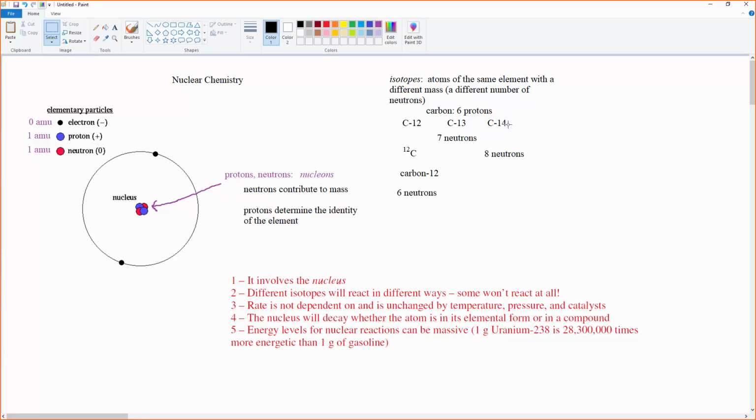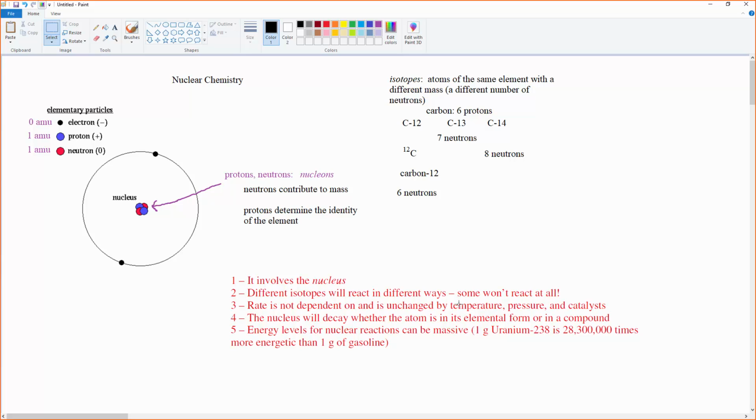And then they can image your brain to see what's going on inside of your brain based on the radioactive thing that they just put in there, right? But the carbon-12 wouldn't do that. All right. The rate is not dependent on and is unchanged by pressure, temperature, and catalyst. So we talked a lot in chapter 7 about rates of chemical reactions and how you could change it.